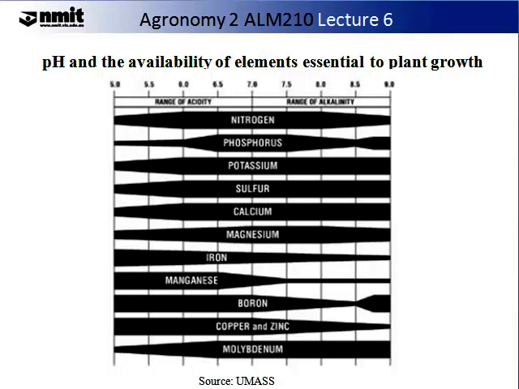Therefore, if you look at pH 7, you will see that most compounds are freely available: nitrogen, phosphorus, potassium, sulfur, calcium, magnesium, boron, copper, zinc and molybdenum. As you reduce the pH, some of these components, such as phosphorus, calcium, magnesium, become less available. As you increase the pH, other compounds, such as manganese, iron, boron, copper and zinc, are reduced.